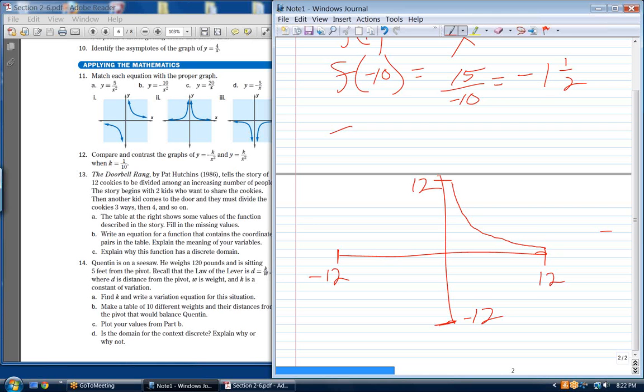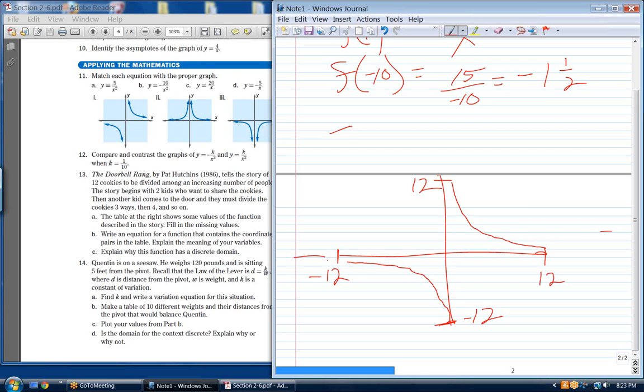And the same thing is as y goes to infinity, x gets closer and closer to 0, but never touches 0. Why does it never touch the graph? Because x can never be 0, because you can't divide by 0. And notice that y can never be 0 because the numerator is 4.